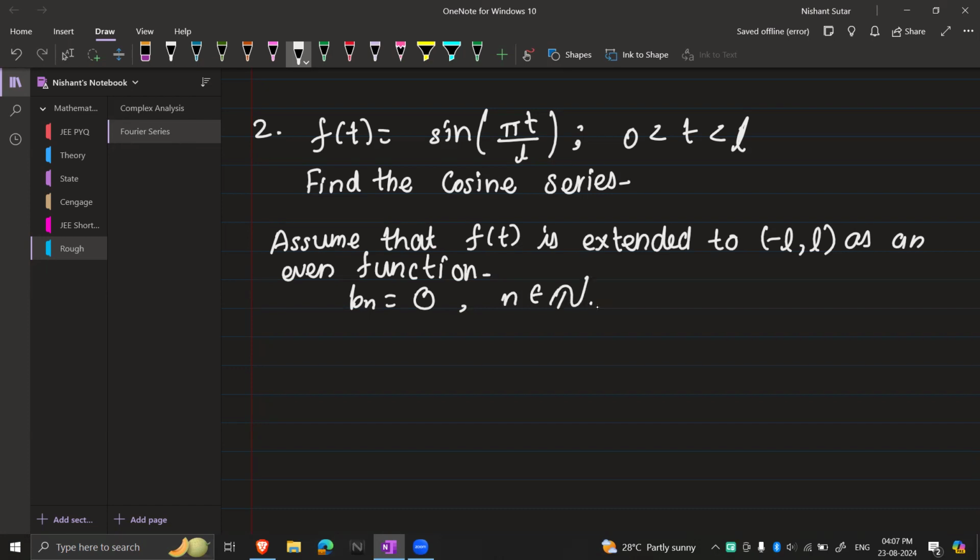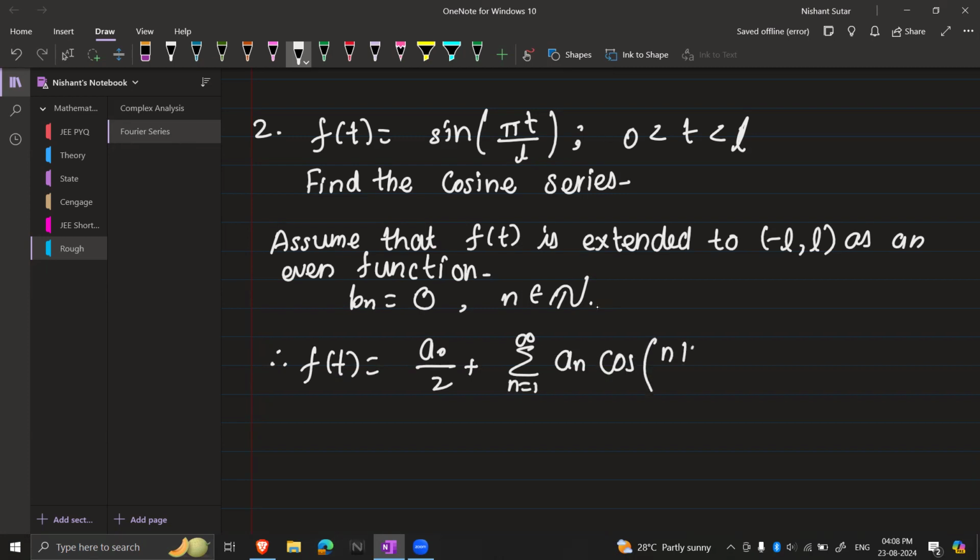So for every integer, bn is 0. Therefore, our f of t will look like a naught by 2 plus summation n equal to 1 to infinity an cos of n pi t by L. And since bn's are 0, I am not writing them.